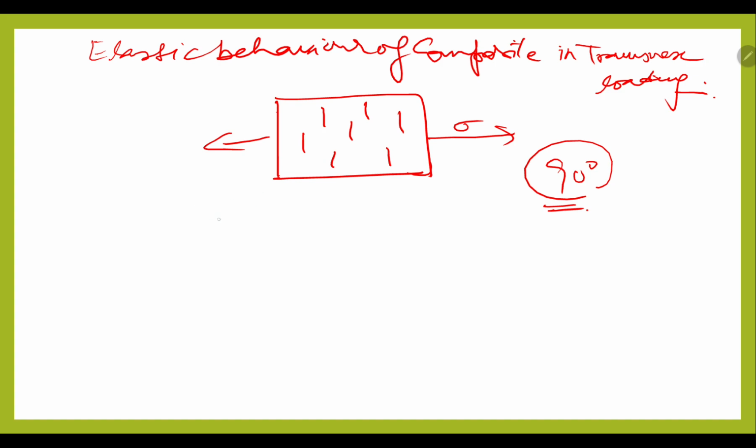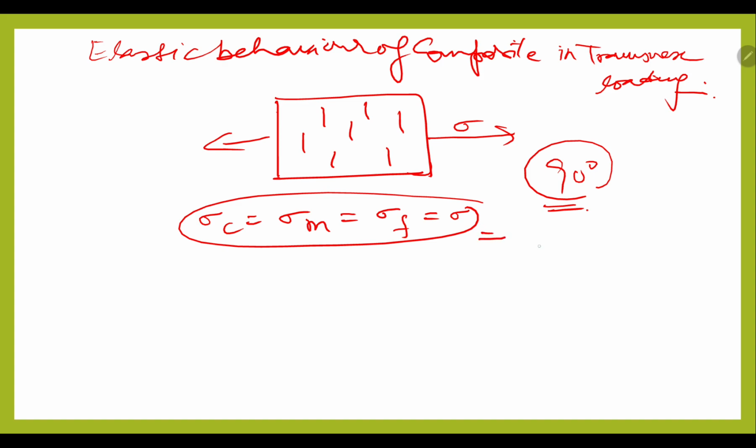So we will see here that sigma C is equal to sigma M is equal to sigma F is equal to sigma. So this is also called the iso-stress condition.